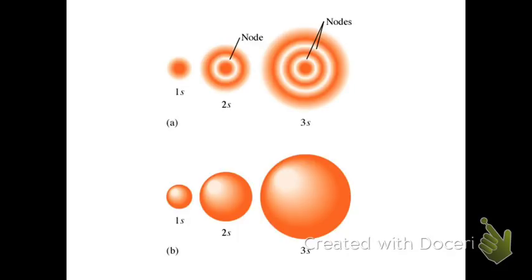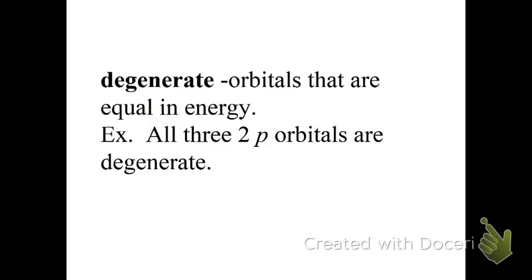In those nodes is the area where we would most likely not find an electron. Degenerate orbitals are orbitals that are equal in energy. So all 3 of the 2p orbitals are degenerate, meaning they all have equal energy. If I was in the 3d orbital, all 5 of those would be degenerate, meaning they have equal energy.